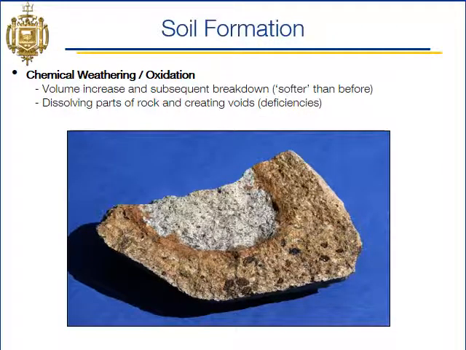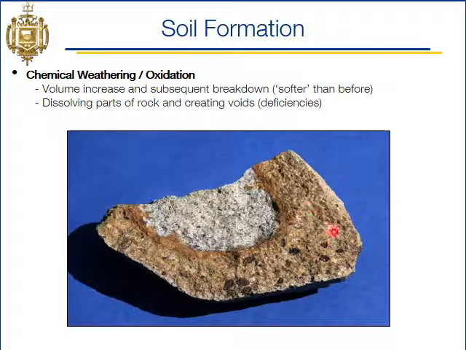So another way that rock is broken down is by chemical weathering. So in this photo here, we have a piece of granite, right? So the nice granite that you're used to seeing is this nice gray stuff right here in the middle, but this outside layer of granite has been oxidized, and so this oxidized granite is much softer than the non-oxidized granite, and has lots of voids.